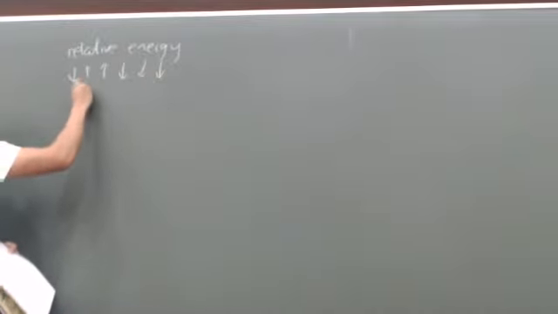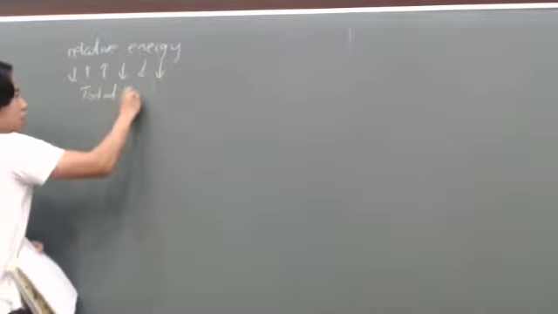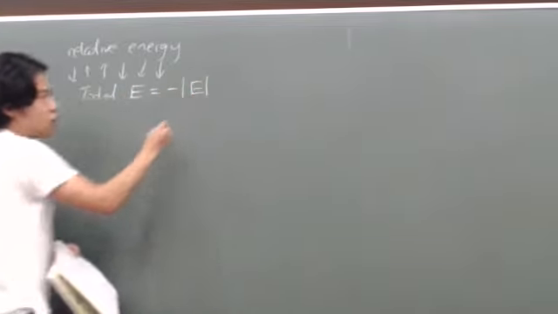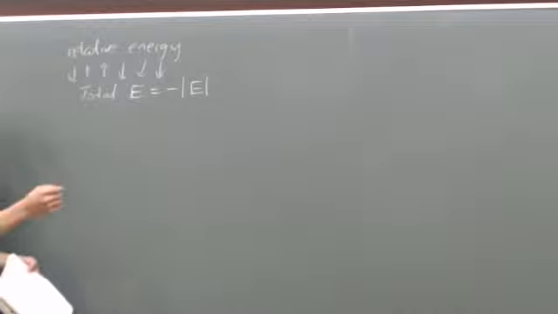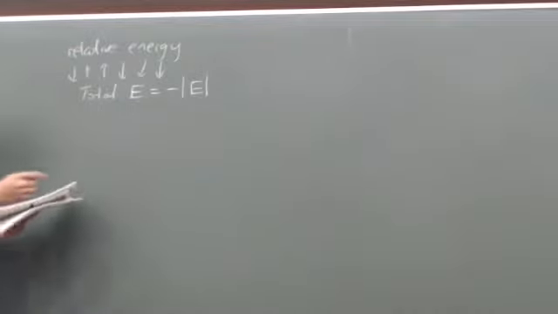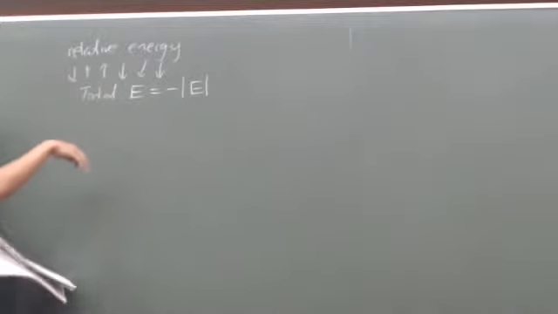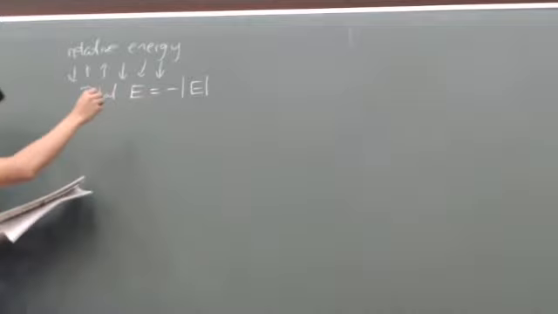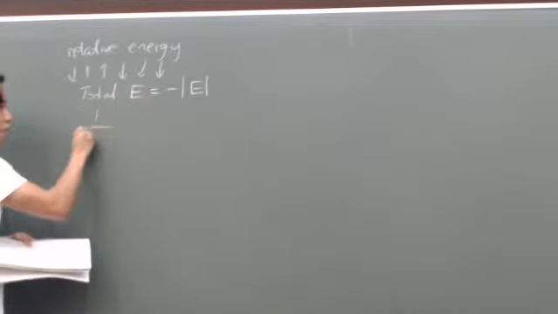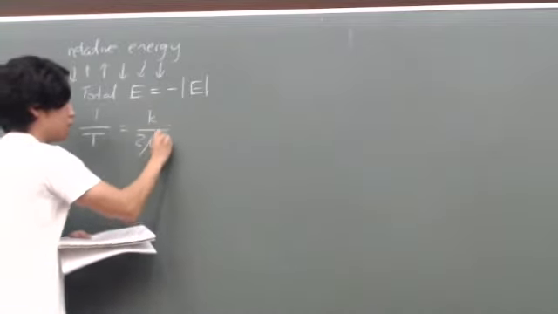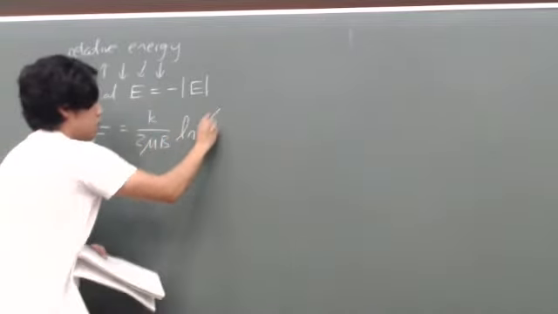Then the total energy, E, in this case, is defined to be an actual negative value. So you have a negative energy in this magnetic system, only because you set the reference zero point energy somewhere arbitrary. But if you have negative energy, then from the same expression that we had before, 1 over T equals k on 2 mu B, the log term now gets flipped.